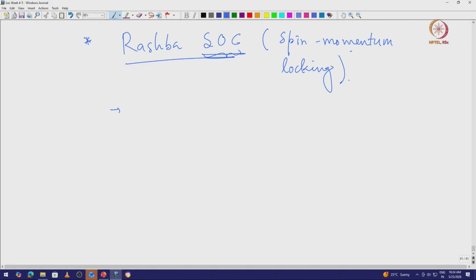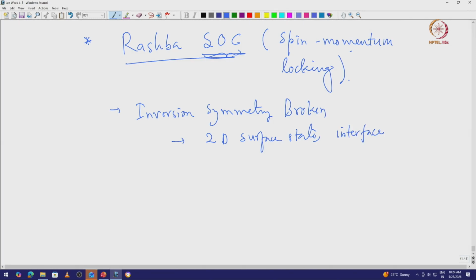So if a system has no inversion symmetry, and before we learn what is inversion symmetry, let me give you the examples, which are 2D surface states, interfaces or any 2D materials, or any non-centrosymmetric material, or even asymmetric quantum wells.